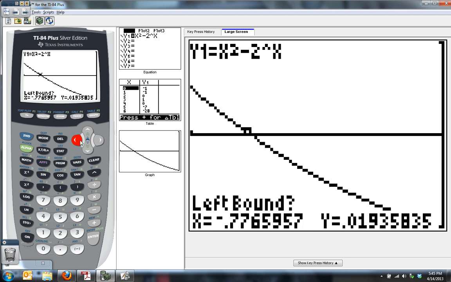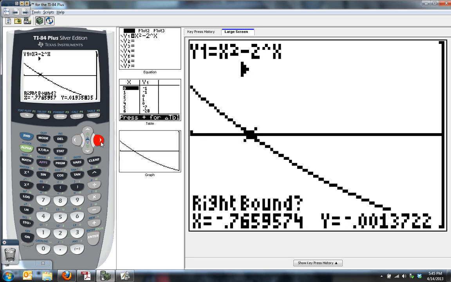Okay. And so now we can see that y is positive, so that means it must be on the left side, right? Okay, so then we hit enter, and we're going to move it back along, and it's hard to tell, but I can see that y has changed from positive to negative, so now it must be on the right-hand side. And then I'm going to hit enter, and then it's asking for a guess.